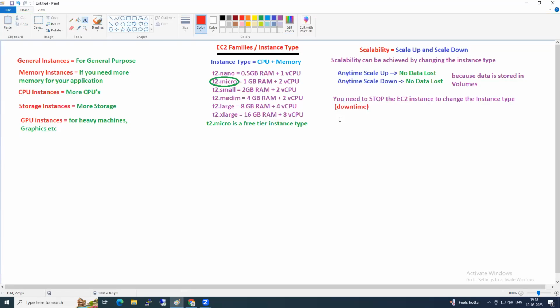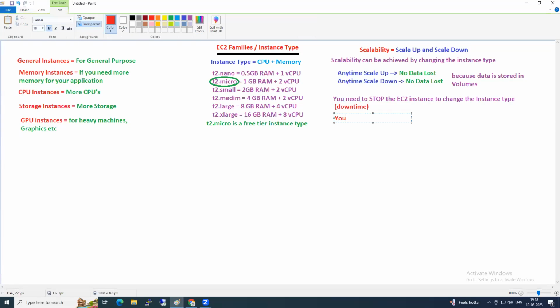But if you set up high availability, do you need downtime? Not required. It purely depends, right? If you have HA, no need to have downtime.